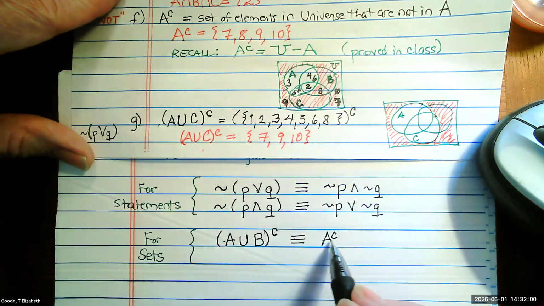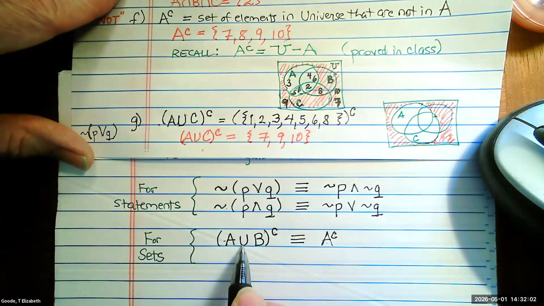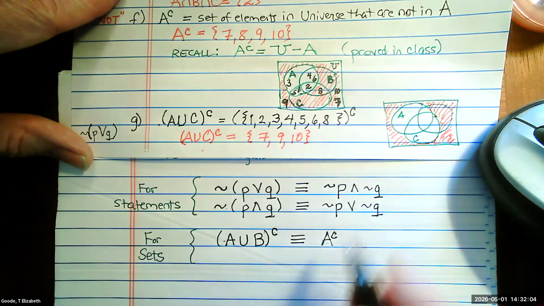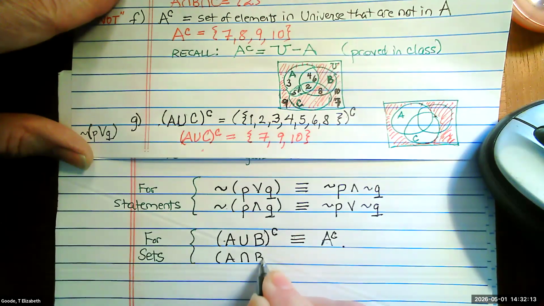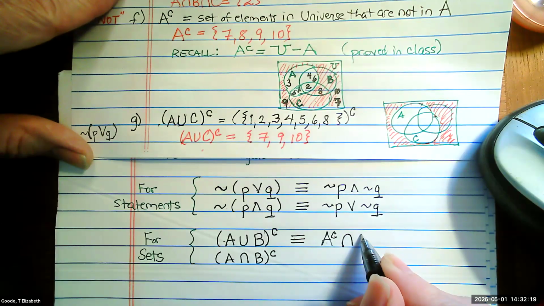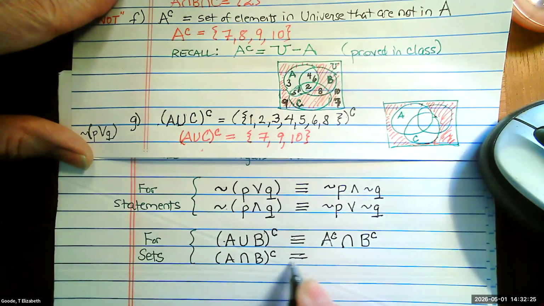So A gets flipped to A complement. What do you think happens to the union symbol? The union symbol was the or, so it becomes the and, the intersect. And then what do you think goes here? B complement. Perfect.